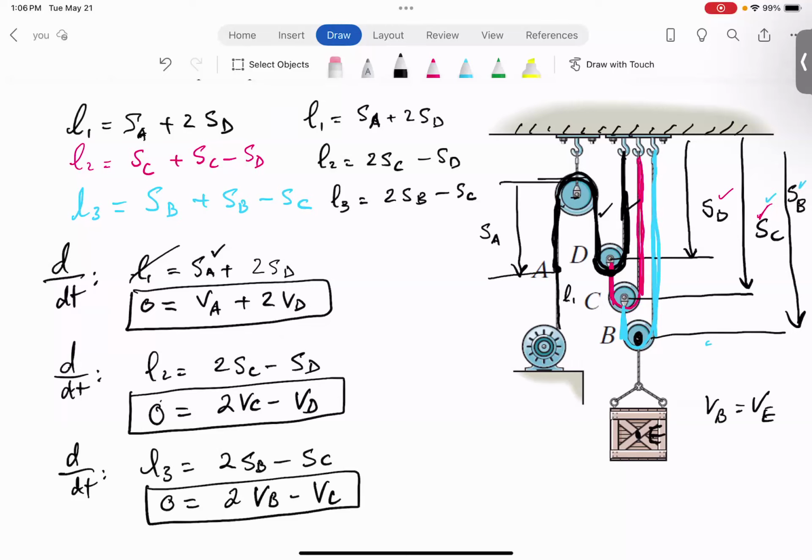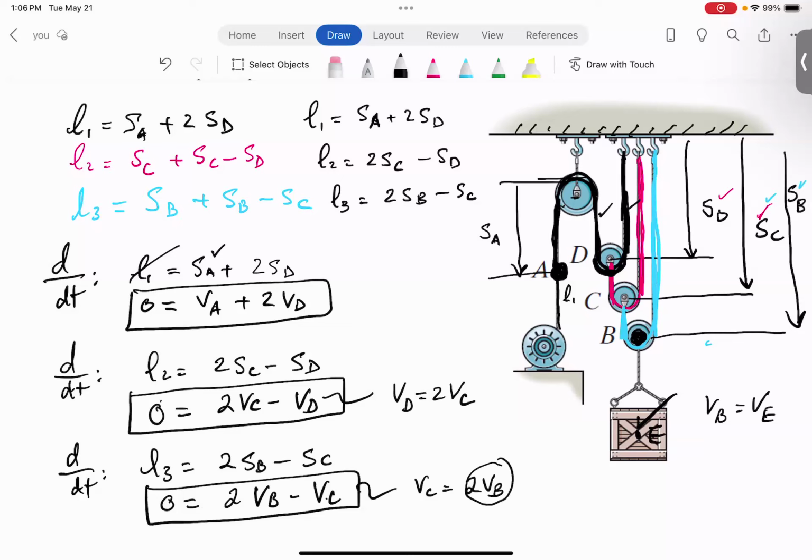So now look, guys, my eventual objective is to relate velocity of A to velocity of B, which is the same as this crate. So look at this. Velocity of D here is 2VC, right? And velocity of C is 2VB.